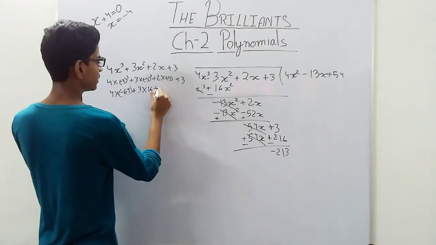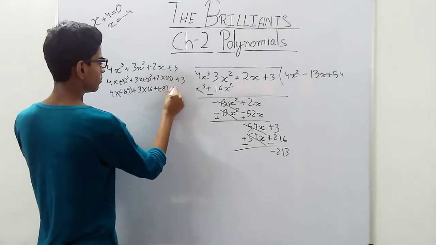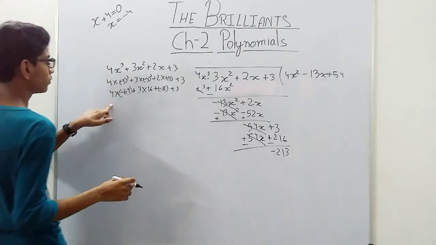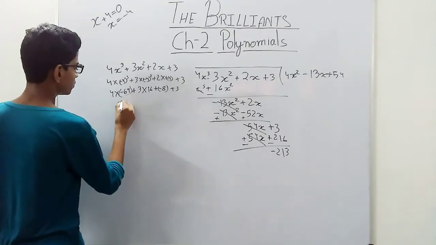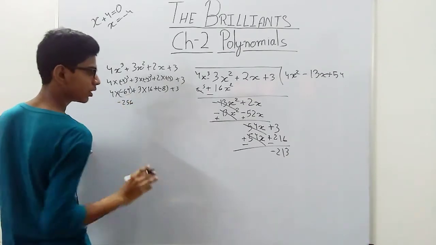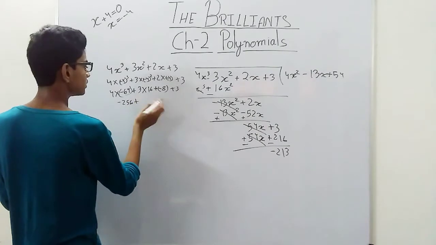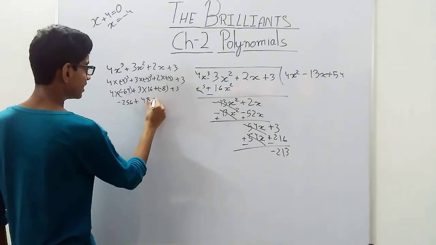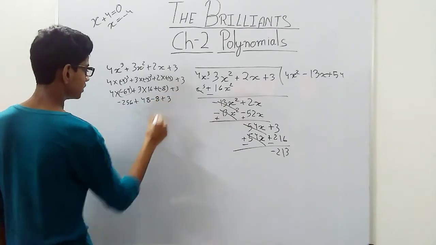Now minus 8 plus 3. Okay, now minus 64 multiplied by 4 is minus 256, plus 48 minus 8 plus 3.